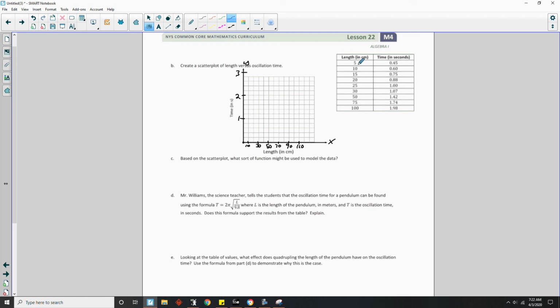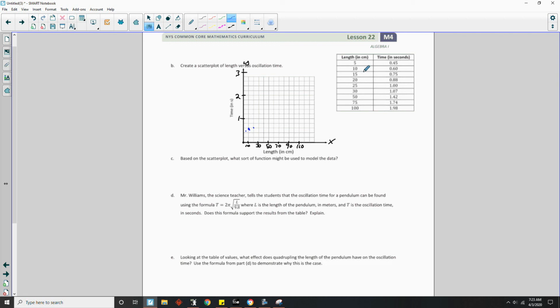So 5, comma 0.45. 5 is here, and 0.5 is here, so 0.45 would be approximately there. 10, 0.6. 10, 0.5 is here, so 0.6 would be up a little bit higher, maybe there. And then 15, 0.75, so 15 is here, 0.75, 3/4 of the way up, approximately here.